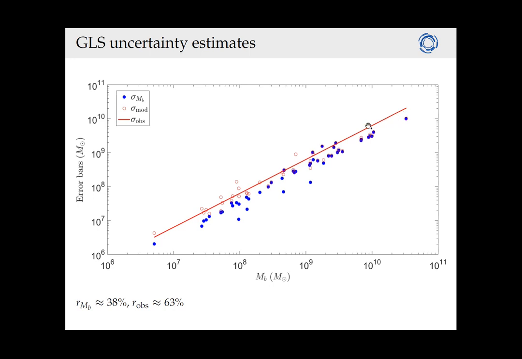You see that the estimate of the observed standard deviation is quite a bit higher, on average, than both the modeled standard deviations and also the standard deviations that are actually given by the experimentalists. This is of course on a log-log scale, so the difference is quite large. Actually, on average, the relative error on the masses is 38% over the whole data set for the experimental values, and 63%, so much higher, for the estimated observed standard deviation.